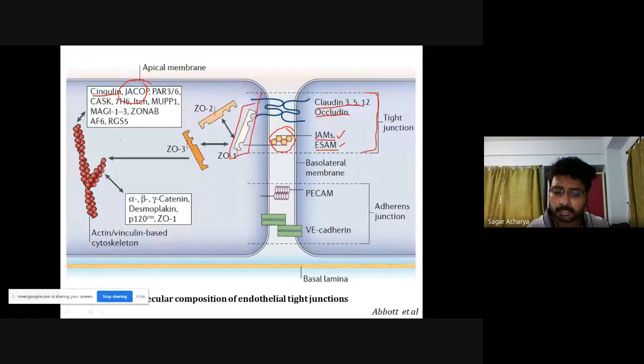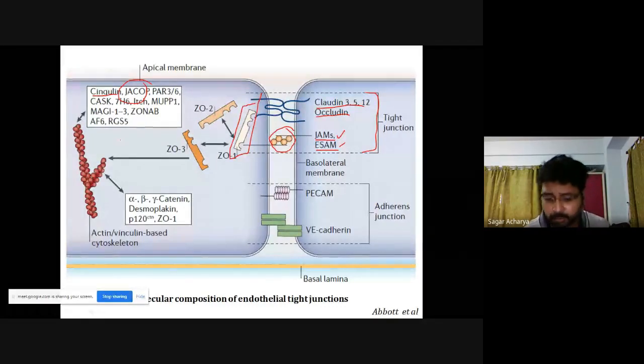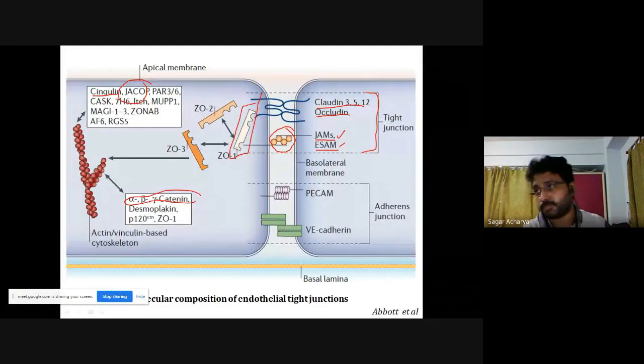And there are other signaling proteins that are linked with these. The major one is the catenin, which you can easily link to the Wnt pathway.